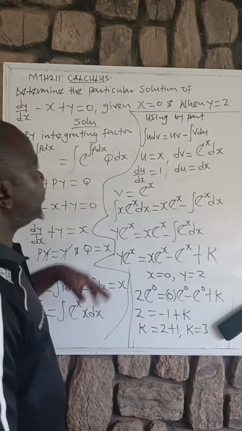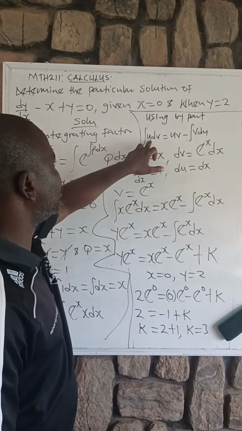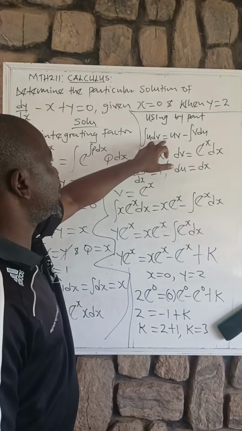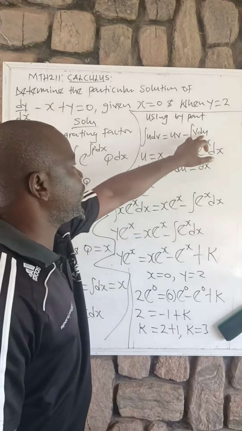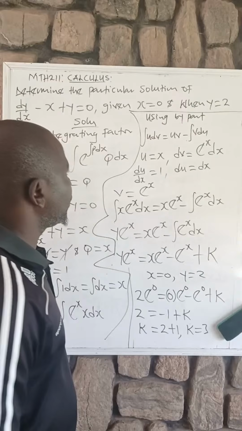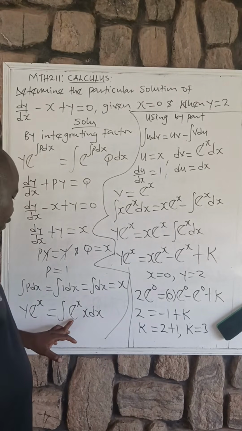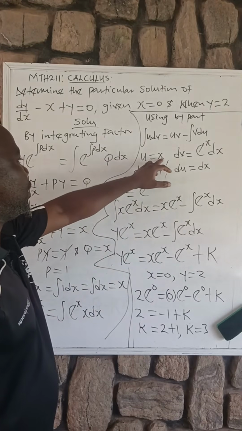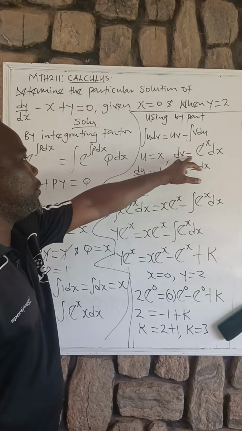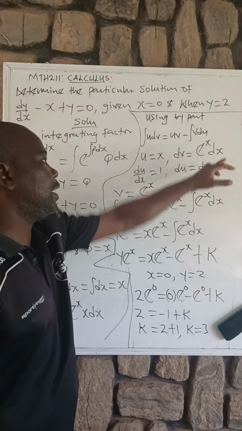And for integration by parts, the formula is integral u dv equals uv minus integral v du. Is that clear? So you don't need a prophet to tell you. This is the function, right? So you now say let u be equal to x, and dv be equal to exponential x dx.